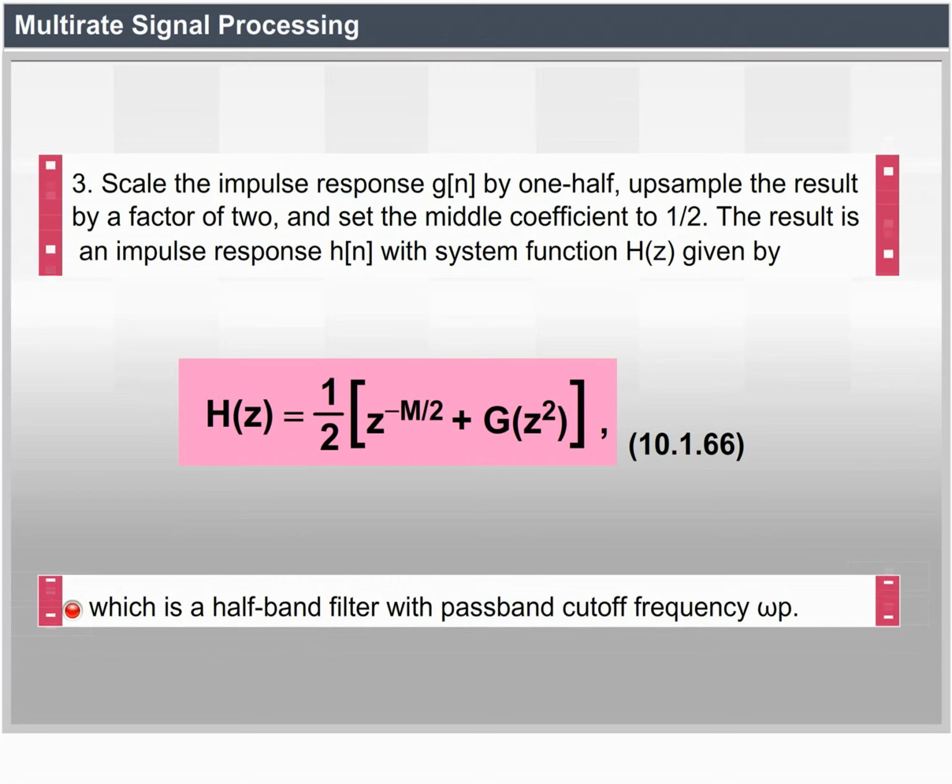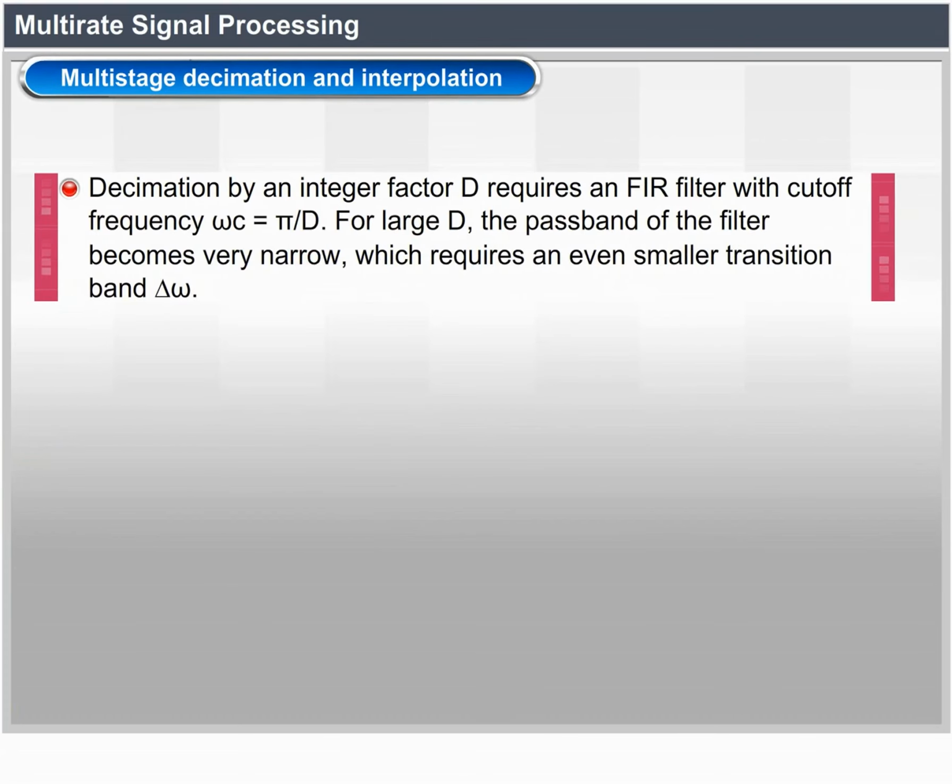Multi-stage decimation and interpolation. Decimation by an integer factor d requires an FIR filter with cutoff frequency omega c equal to pi by d. For large d, the passband of the filter becomes very narrow, which requires an even smaller transition band delta omega.